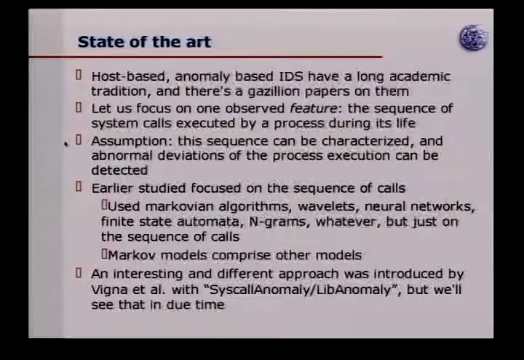Of all these models, the most interesting one is the Markovian model, because it comprises most of the others. Neural networks are a case apart, and n-grams are a case apart, because they would be comprised by Markovian models, but only by a particular type of Markovian models.